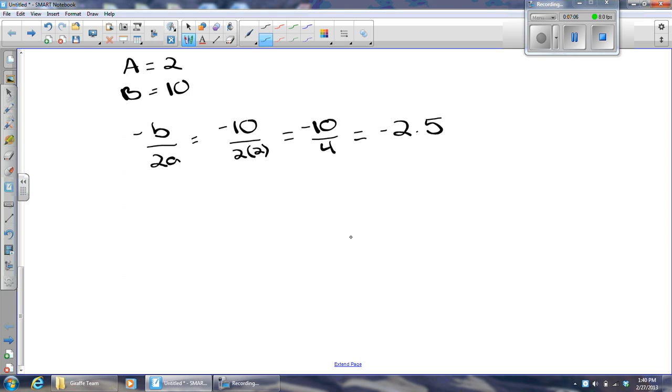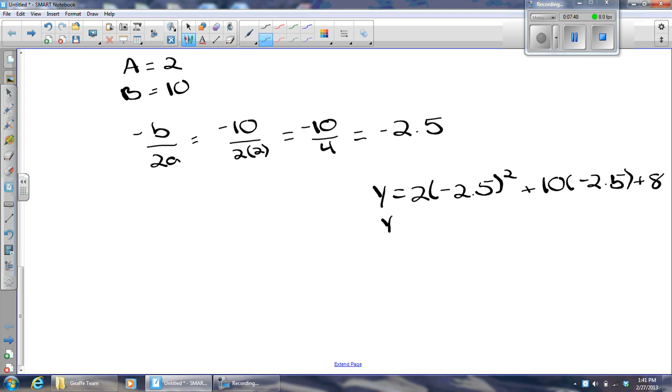So to get our y-coordinate, we're going to plug it back into our equation. So we have y equals 2 times negative 2.5 squared plus 10 times negative 2.5 plus 8.